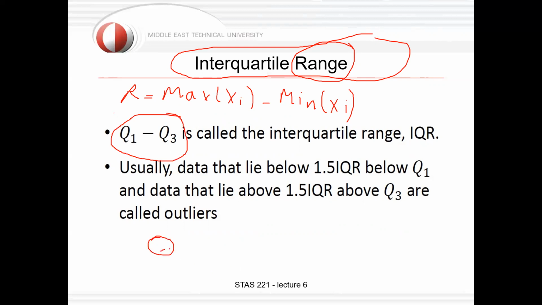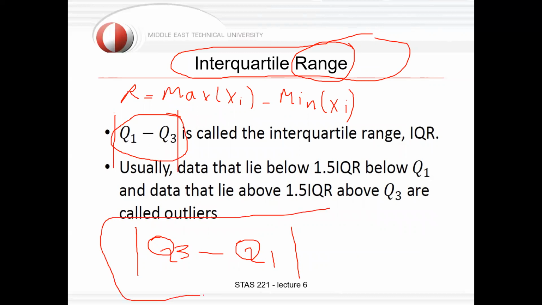So let's write it like this, Q3 minus Q1. This is better because we can show the absolute value for it. If we do that, then it doesn't matter if I put Q1 first or Q3, but please use this one for the interquartile range, because Q3 is always a bigger value than Q1. In a very specific case, they could be exactly equal, but it's not possible that Q1, for example, is bigger than Q3.